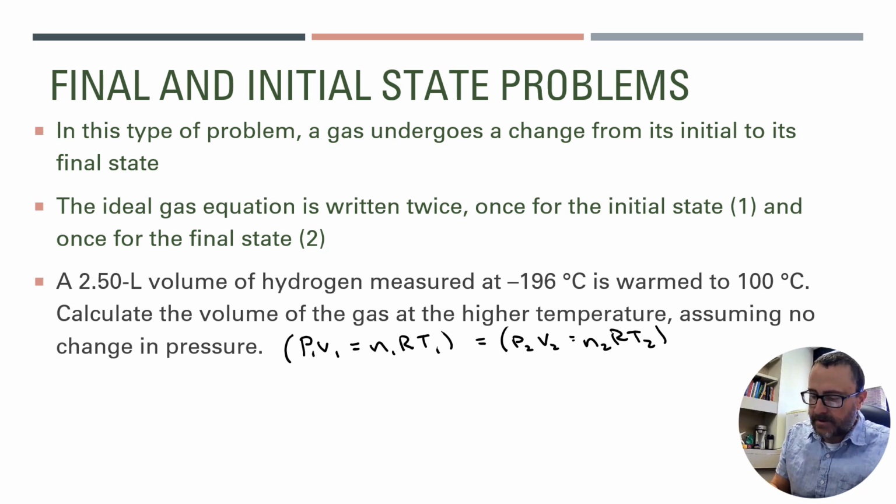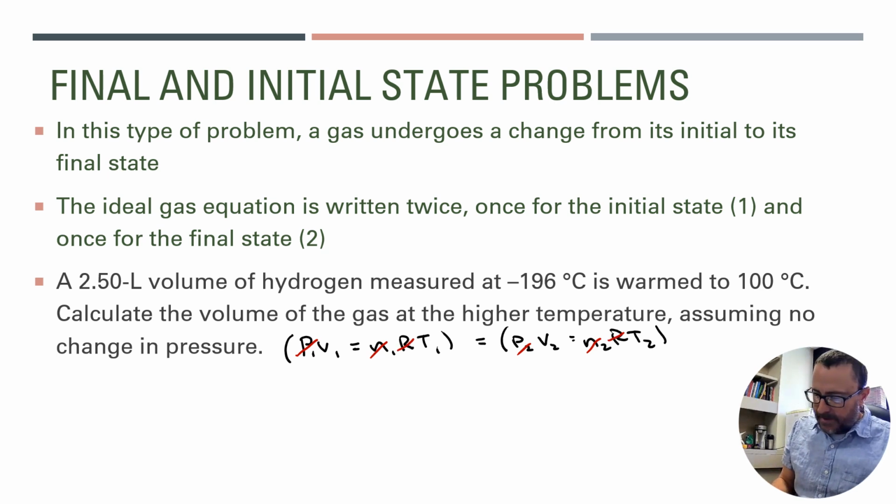The amount remained constant, because we didn't change the amount of gas in there. It says that there was no change in pressure, so we're going to cancel out our pressures. And R, by definition, is a constant, so let's get rid of our Rs as well.